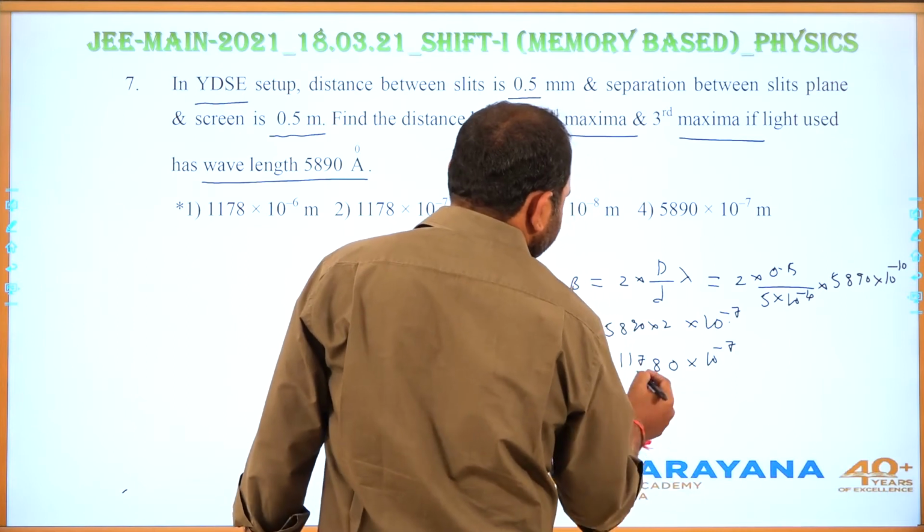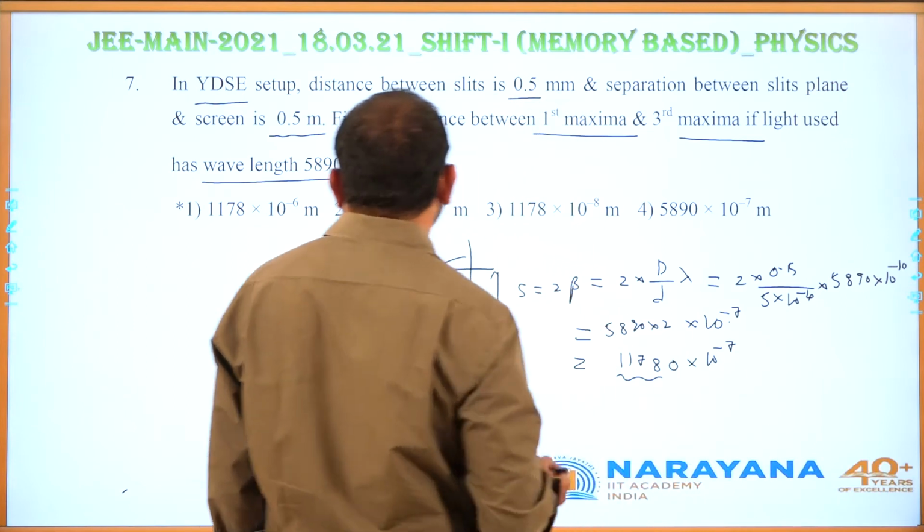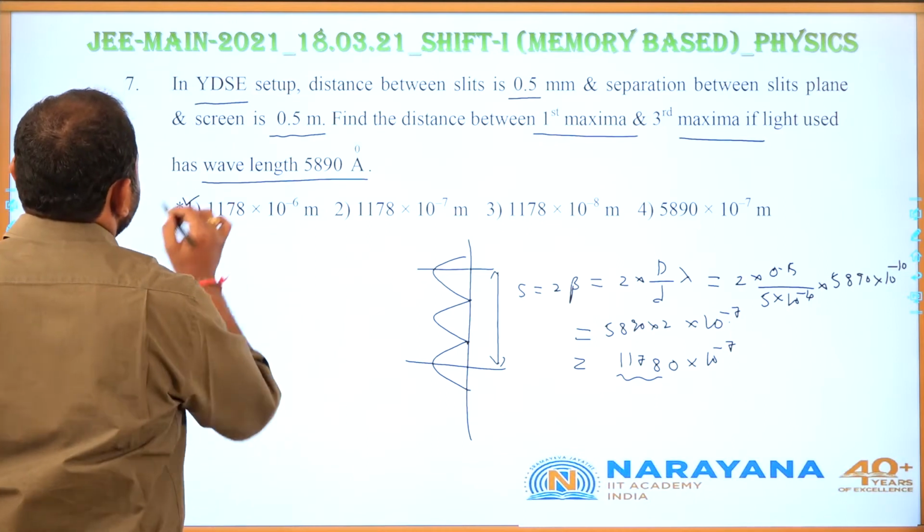So it can be rearranged as 1178 into 10 power minus 6. It is given in the first option, so it is correct.